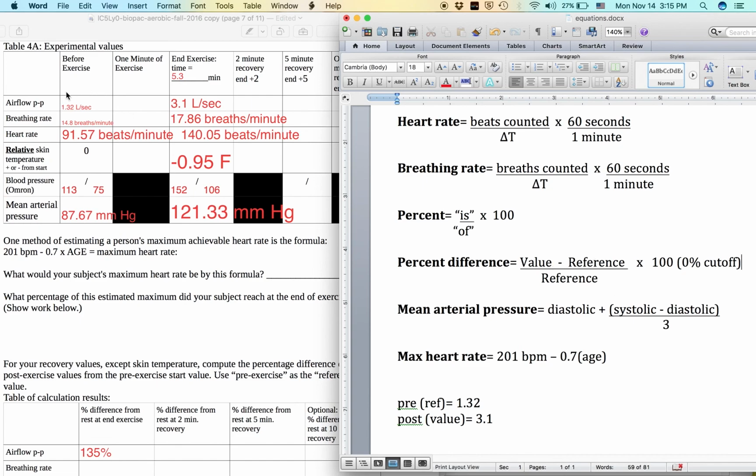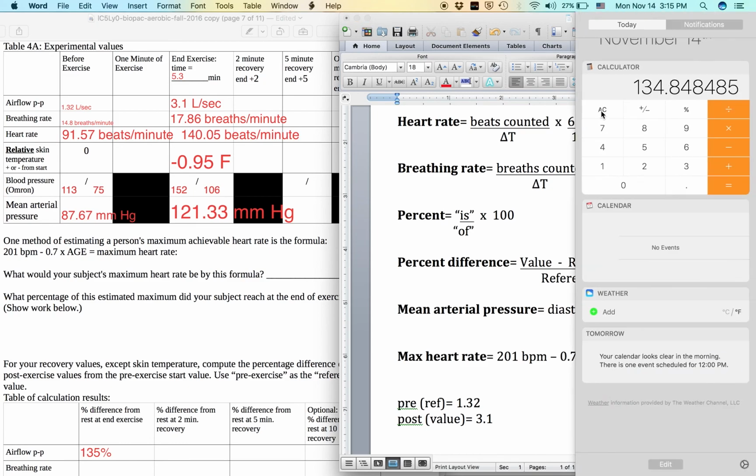So if we look here, 3.1 is larger than 1.32, so that's why we get 135%. So this is actually, if you add the 100% of the reference value, roughly 2 1/3 times as much after exercise as before exercise.